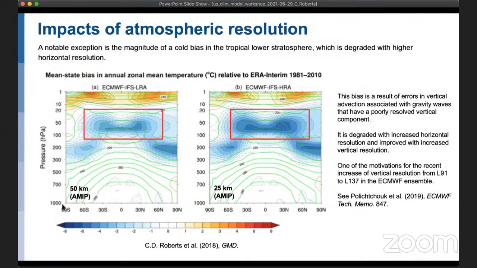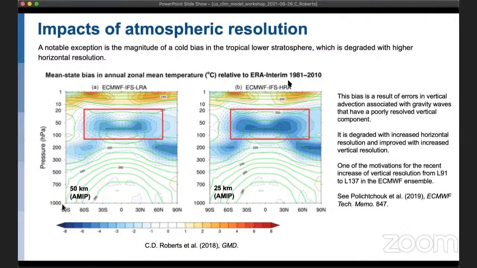One notable exception is the magnitude of a cold bias in the lower tropical stratosphere. So this is highlighted here with this red box. Which is generally degraded at higher horizontal resolutions. This bias is related to errors associated with vertically propagating gravity waves, which become more active at the higher horizontal resolutions, and it's improved if we increase vertical resolution.